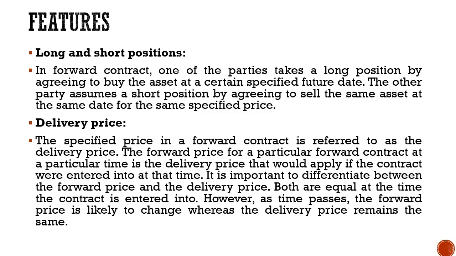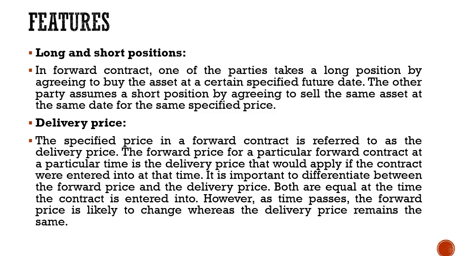So let's say Mr. X goes into a contract with Mr. Y. Let's say as of now, the spot rate of conversion was, let's say, rupees 40. Let's say Mr. X goes with a contract with Mr. Y. The current rate of a product is, let's say, rupees 50.